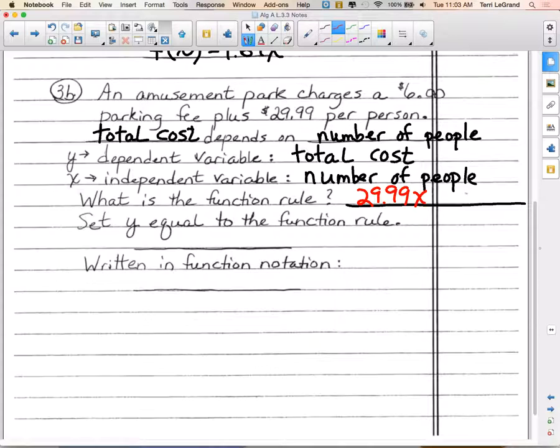Is that all it's gonna cost, is $29.99 per person? Plus, what's that $6 parking fee, yeah? Plus that $6 parking fee. Now we can set that equal to y and say the total cost will be 29.99x plus 6.